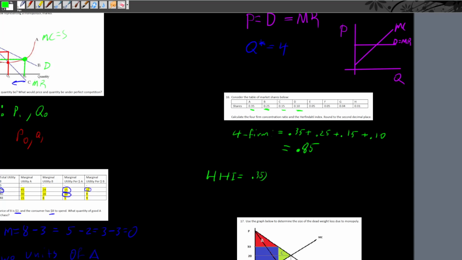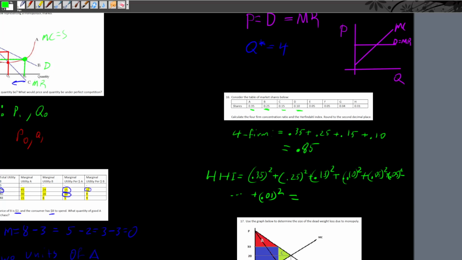So 0.35 squared plus 0.25 squared plus 0.15 squared, and so on, plus 0.05 squared plus 0.05 squared, and then the last one, I'm going to run out of room here, plus 0.01 squared.